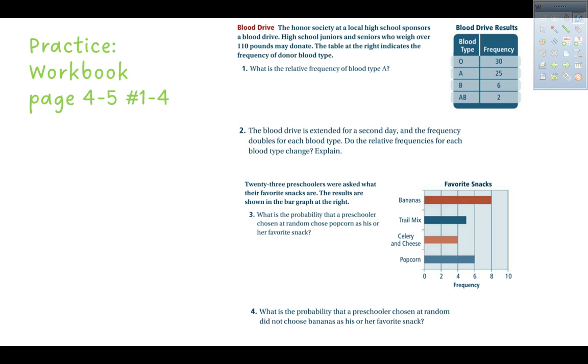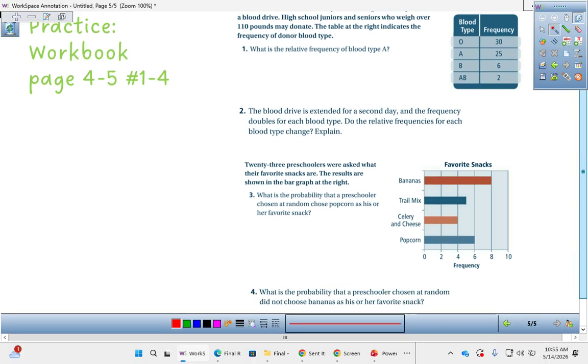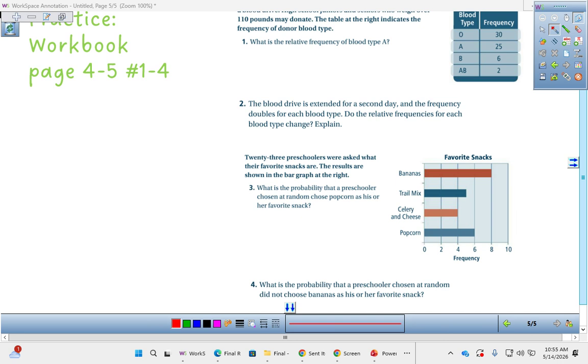I'm actually going to have you skip the second one. So really just working with the tables. So you're doing 1, 3, and 4. If you're not sure that you're on the right page, look at the pictures on the board. They match the problems I'm looking for you to do.